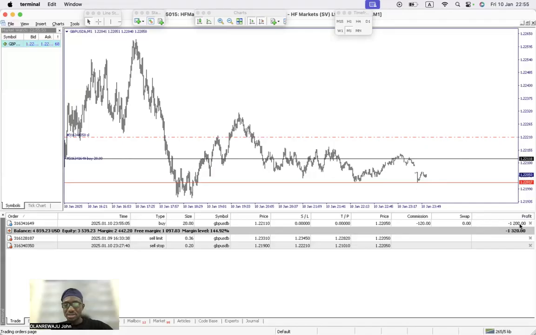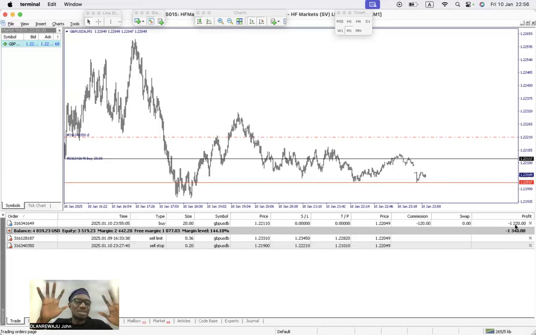Can you see it reducing drastically? And any small movement, this minus 1,200 can become plus $12,000. So we can say in less than 5 minutes I've quadrupled my account. But that's because it went in my favor. What if it goes against me?